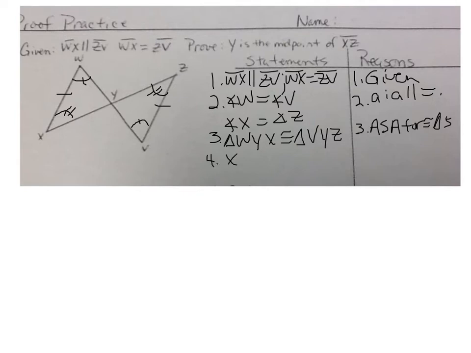So XY is equal to YZ because they are corresponding parts of congruent triangles, and they're congruent. Let's just make sure in our notation we got WX and VZ in the same spot, so that's good. And then by definition we're going to have Y as the midpoint.